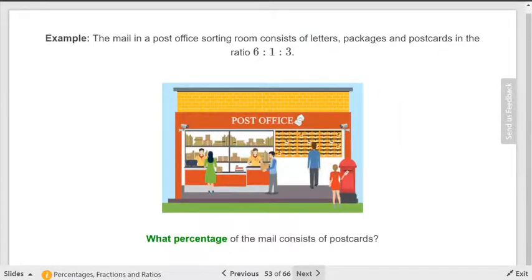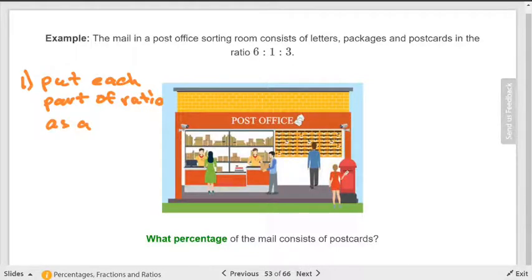Okay, so first, put each part of the ratio as a numerator. Capital N, we always say is numerator. Second, add to get the denominator.